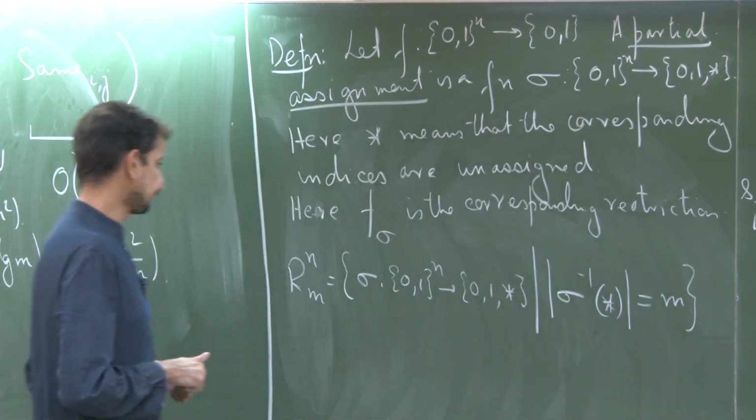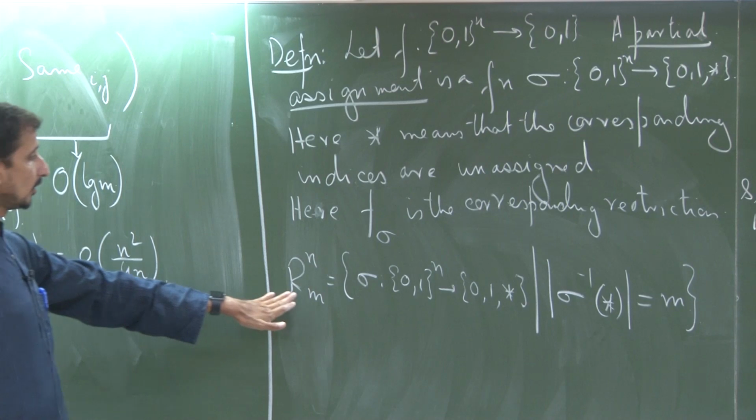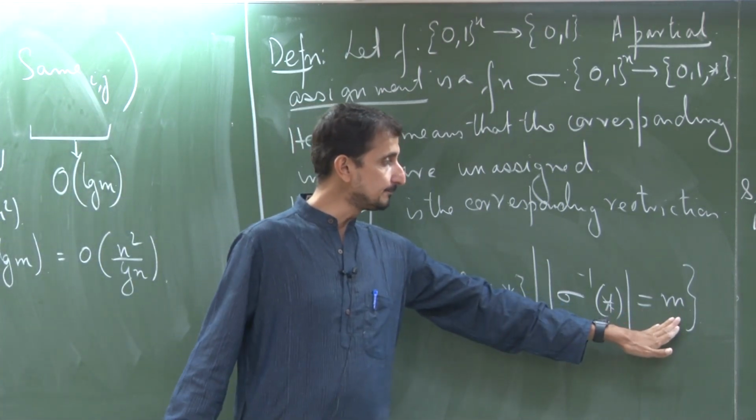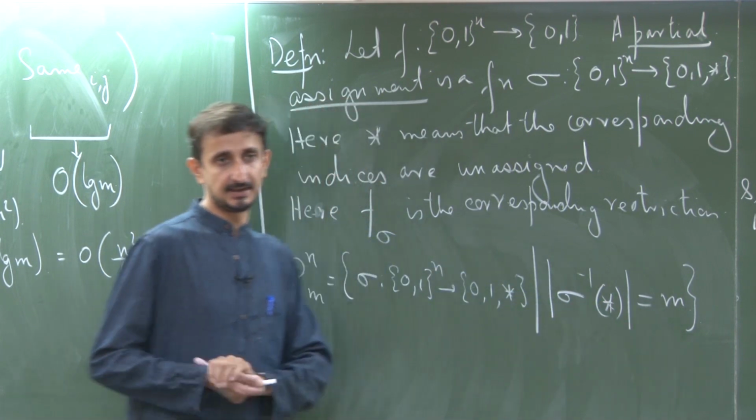So essentially, all partial assignments which leave m indices unassigned.